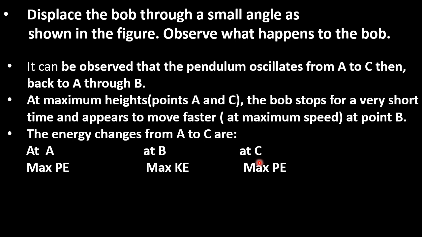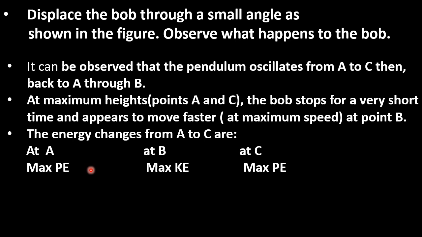Remember that potential energy has to do with height. The height at point A is the same as the height the bulb has at point C, and the height at point B is at its minimum.